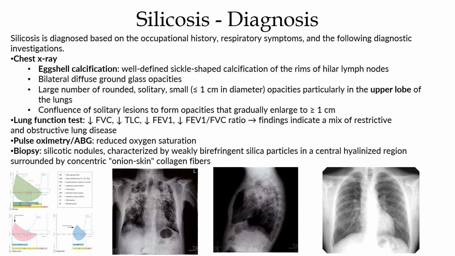With pulse oximetry and arterial blood gas, reduced oxygen saturation. Biopsy of the lung shows silicotic nodules characterized by weakly birefringent silica particles in a central hyalinized region surrounded by concentric onion skin collagen fibers.